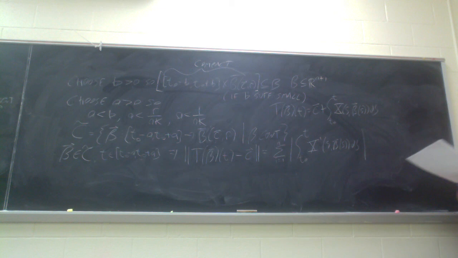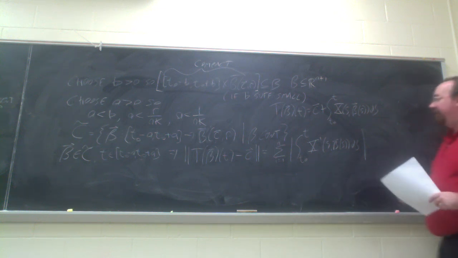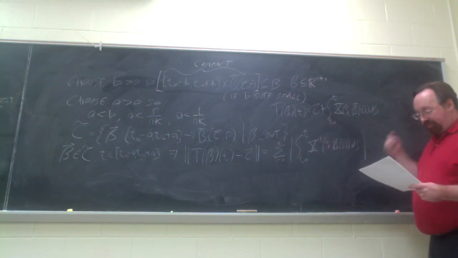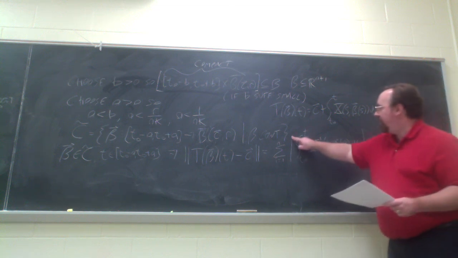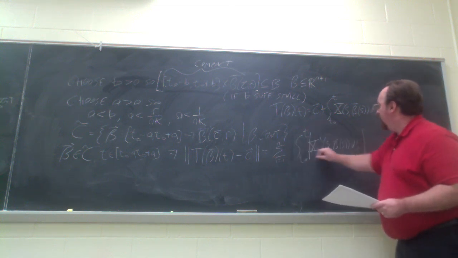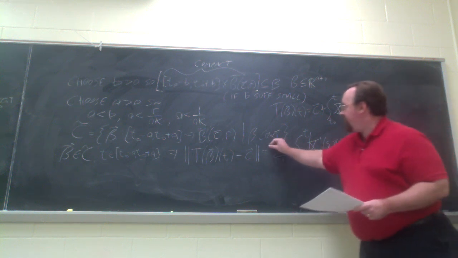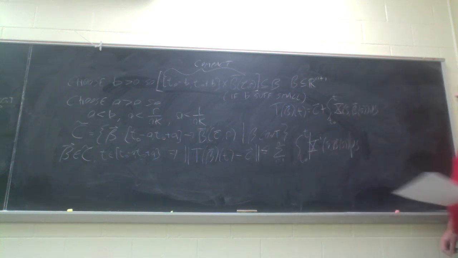Okay. Now, what I can do is, I can move the absolute value inside the integral, as long as I change this to a less than or equal to. Okay.